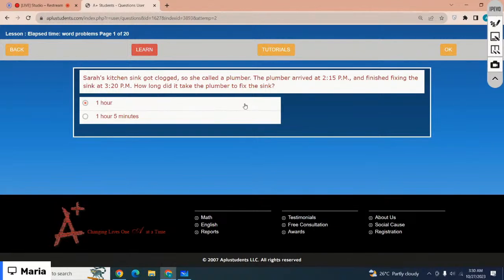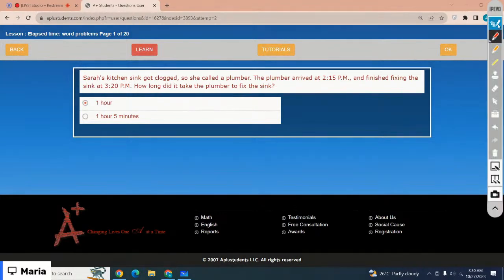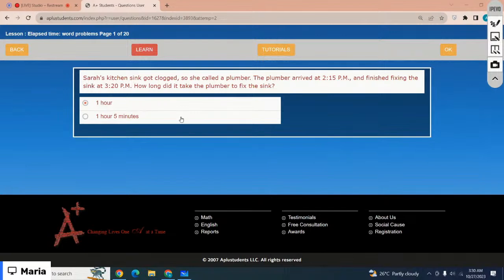Basically, you have to calculate the time he took to fix the sink. He finished at 3:20 and came at 2:15. So 3 minus 2 is 1 hour, and 20 minus 15 is 5 minutes. The correct option is 1 hour, 5 minutes.